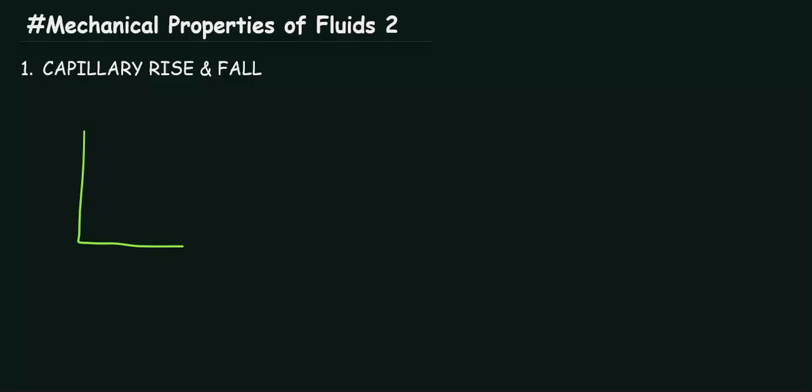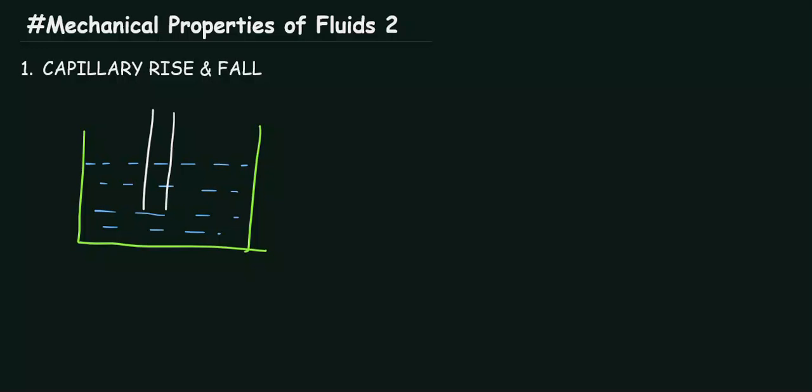So let's say this is the liquid tub, a complete liquid, and now I will put a capillary inside it. Here this is the surface, and first I am talking about capillary rise.